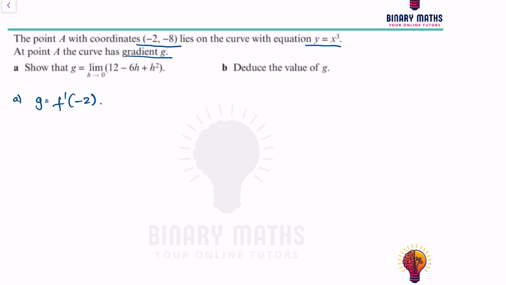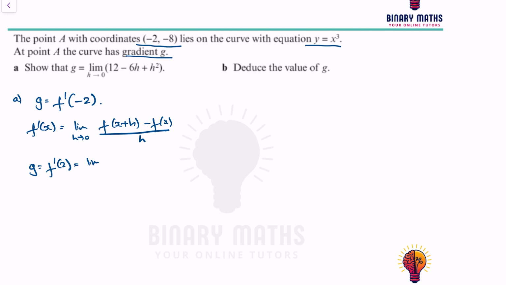Normally the formula is f dash of x is equal to the limit as h tends to 0 of f of x plus h minus f of x, all over h. But we're trying to find g, which is f dash of -2.